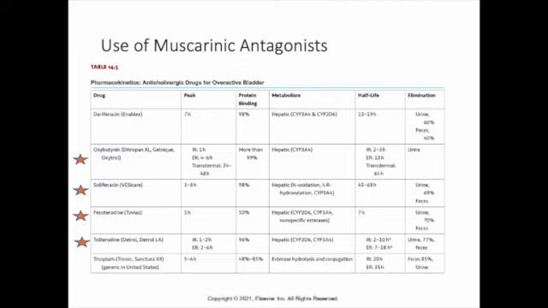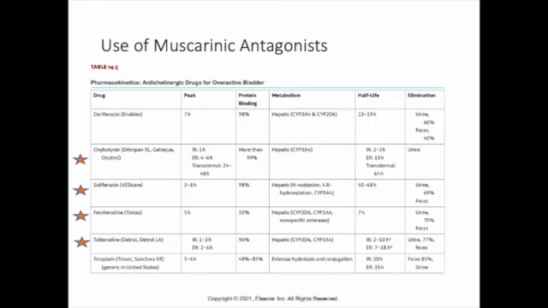It has metabolism through the hepatic system with the CYP3A4 enzyme, and the half-life of the extended release is 13 hours, whereas the immediate release is 2 to 3 hours. I always prescribe the oxybutynin extended release. Now, some people really like the transdermal patch, and that actually will give about 64 hours in terms of half-life. It is eliminated through the urine.